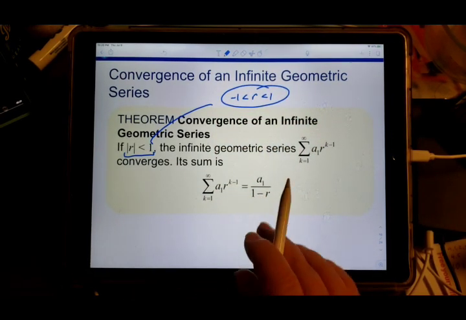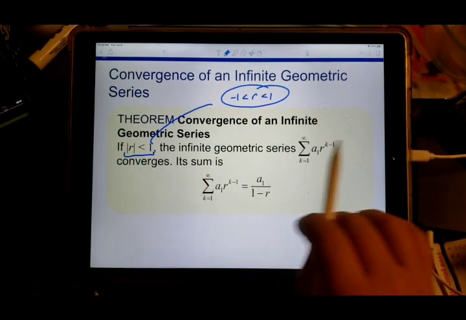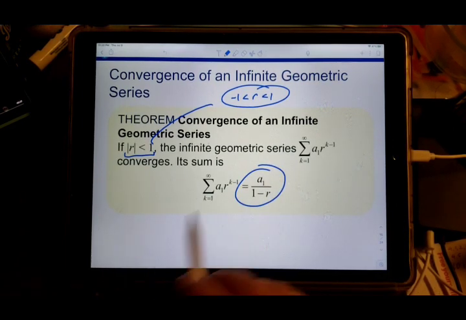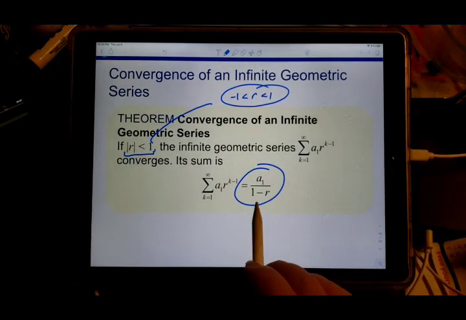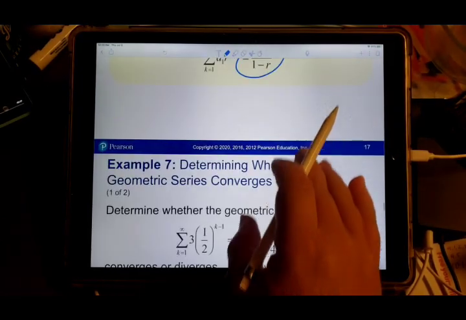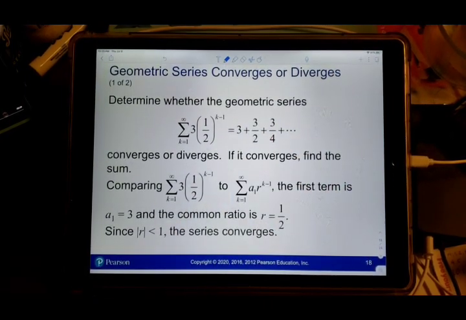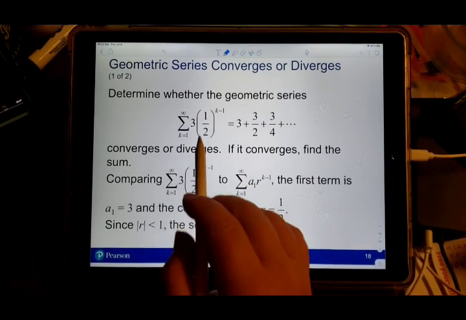If that's true, then the sum of all of the terms in that sequence, all infinite terms in the sequence, is given by this fairly simple formula. The first term over 1 minus r. This is an amazing result. And we'll see what that means.